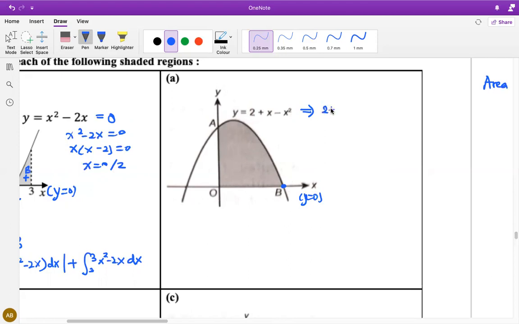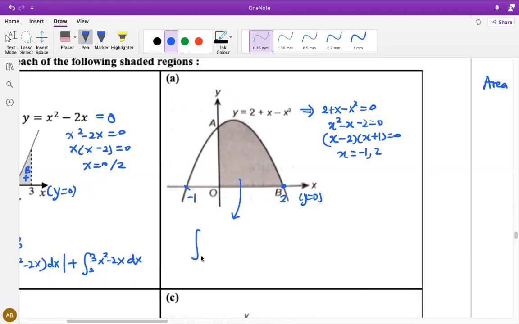So 2 plus x minus x squared equals 0. So x squared minus x minus 2 equals 0. So you use your calculator, you will get (x minus 2)(x plus 1) equals 0. Therefore x equals negative 1 and 2. So here is negative 1, this is 2. So we want to find this area.